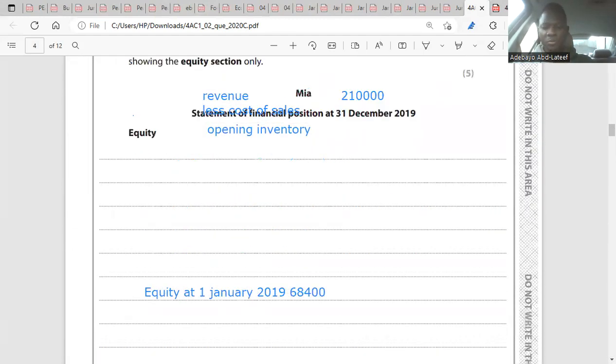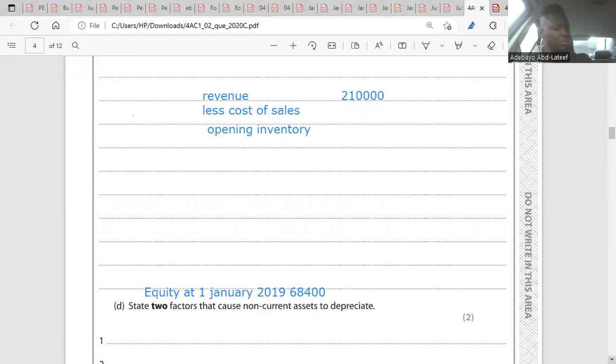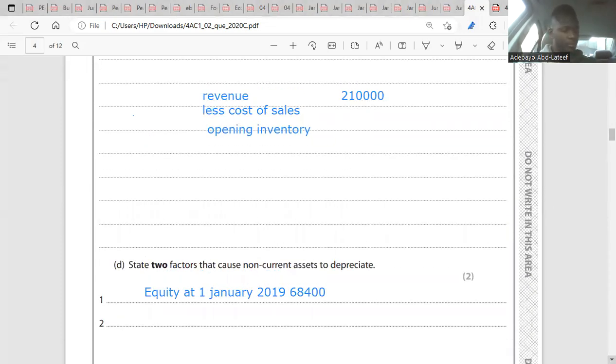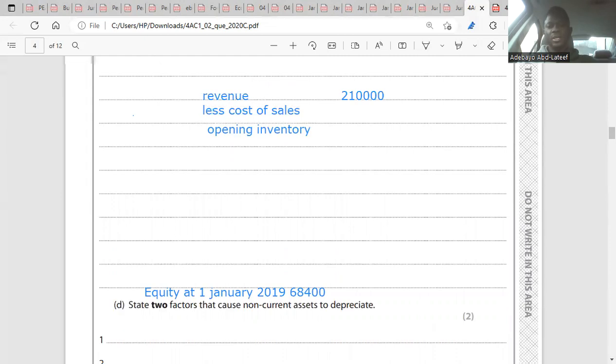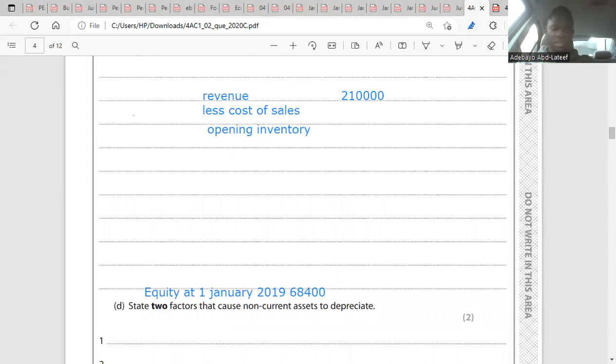So 99,400 minus 18,150. That's our total equity for the year. That's 81,250. That's our total equity.